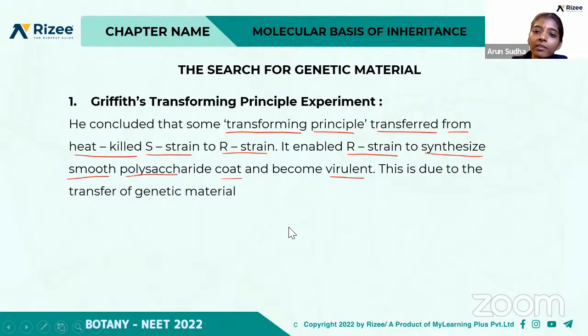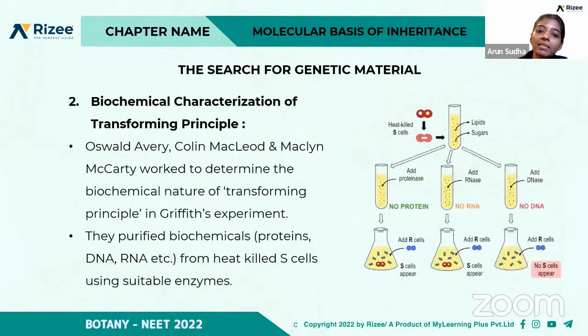Then further work by other scientists did the biochemical characterization of the transforming principle. So what is responsible for this transformation? That is, when heat-killed S strain is injected with the live R strain, there occurs some transformation, right? And it caused the mouse to die.